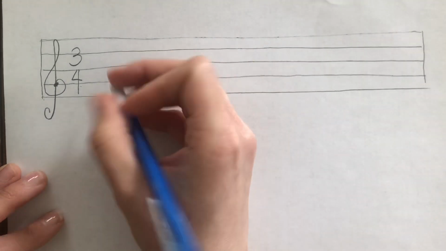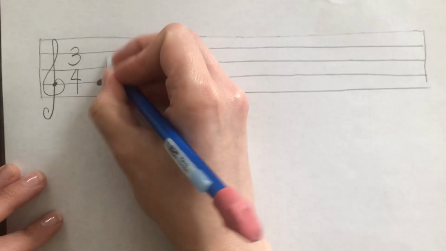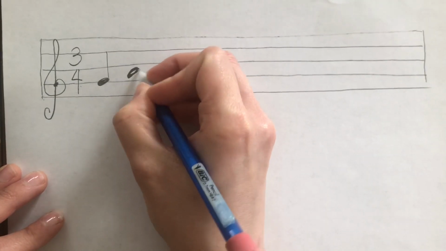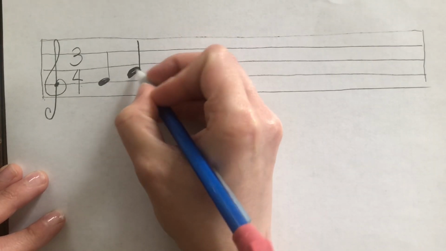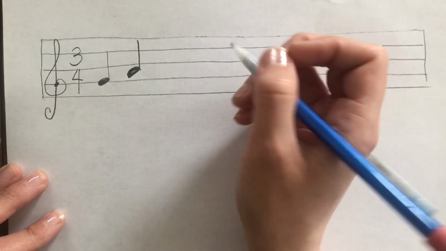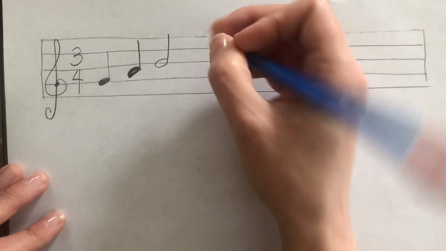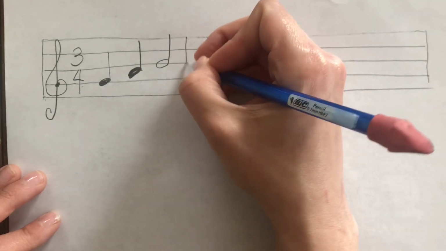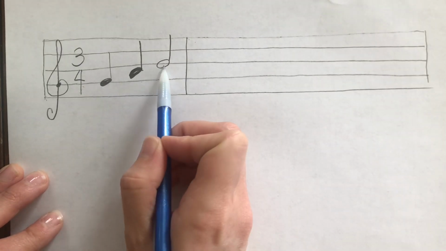So I'm going to start with a quarter note on G, and then a quarter note here on A, and then let's say I want to put a half note here. What would be the problem if this is my first measure and I have a quarter note, and a half note?